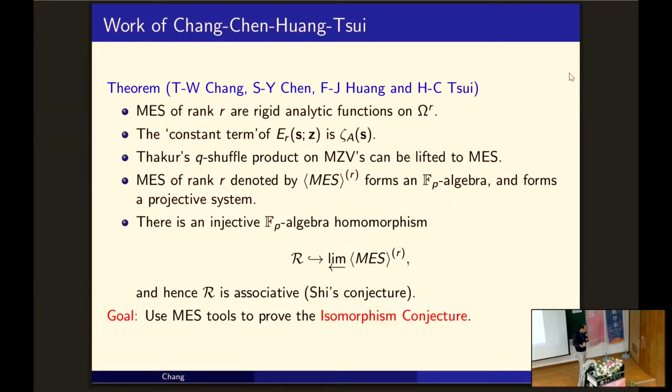So you can consider this inverse limit, and this forms a ring. And their great idea is how to show the difficult problem of associativity. They show that for this abstract space, you have an injective FP algebra homomorphism. And because it is an FP algebra homomorphism and the right hand side is associative, the left hand side is also associative. And therefore they verify this conjecture.